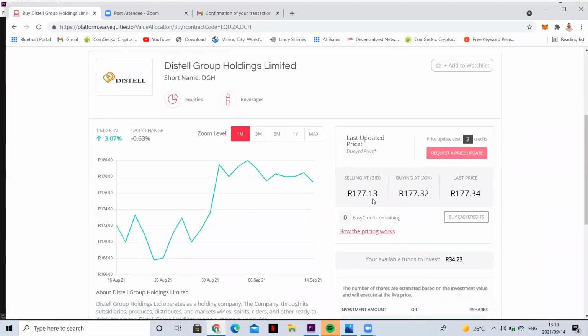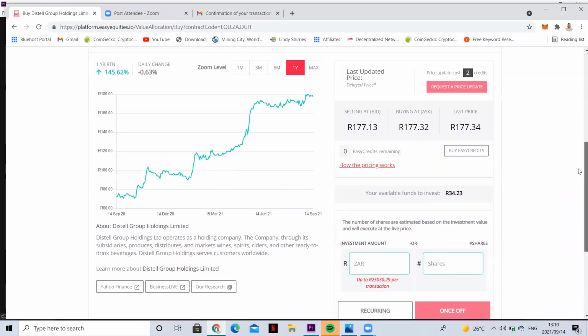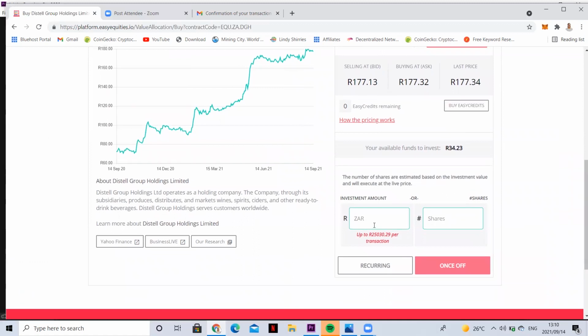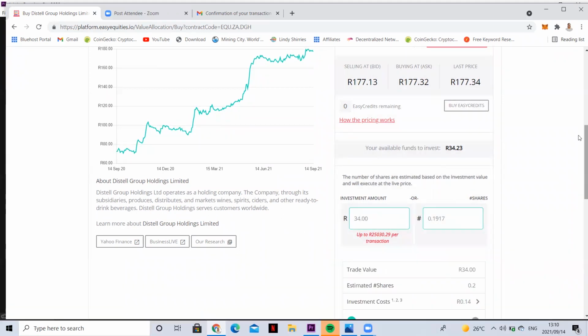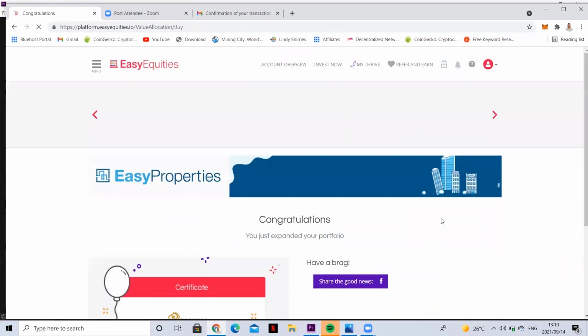So the price for Distell is R177, but when you check the year price, it was around 80 and now it's one. So this share is actually doing well. So now I'll just check the amount and buy just a portion of this, and then month end when I get paid, I'll buy even more, because Distell is what I actually want to buy more of. So I'll just buy more.